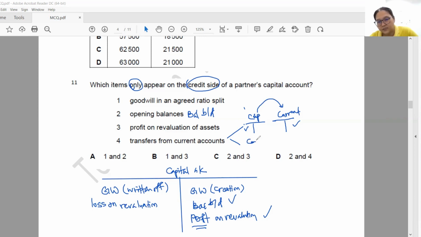If the capital account is debited and the current account credited, it means capital is transferred to the current account. If the capital account is credited and the current account debited, it means the current account is transferred to the capital. So the answer will be 2 and 3 only.